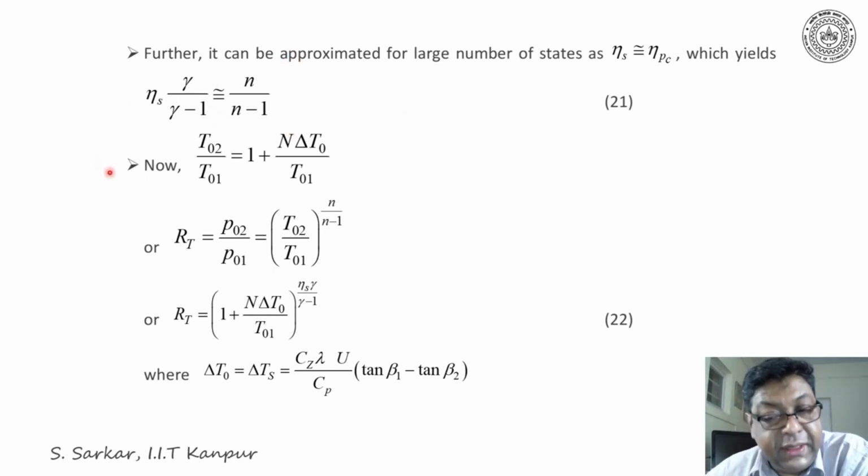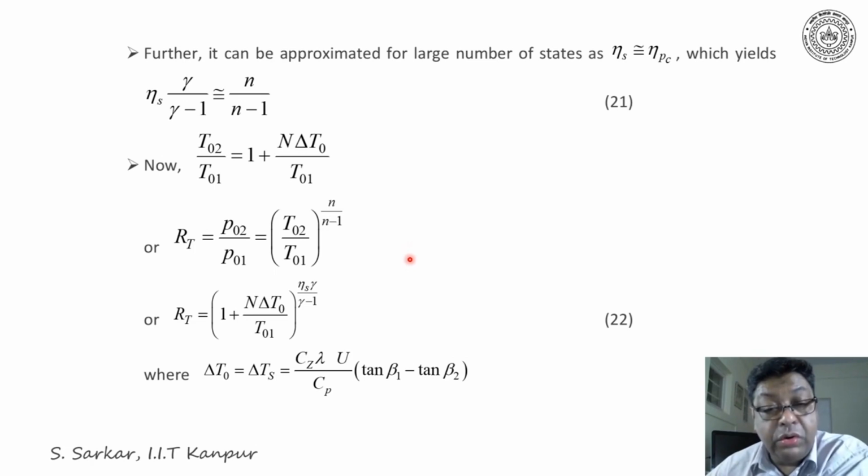Now, the overall temperature ratio of the compressor, T02 by T01, would be equal to 1 plus n into delta 0 divided by T01. Now I have expressed the temperature ratio, thus I can express the pressure ratio. Thus overall pressure ratio can be related as P02 by P01 is equal to (T02 by T01) to the power N by N minus 1, where N is the polytropic index.